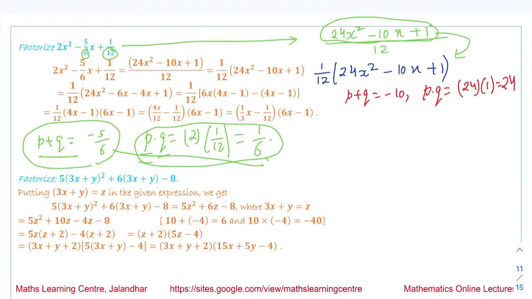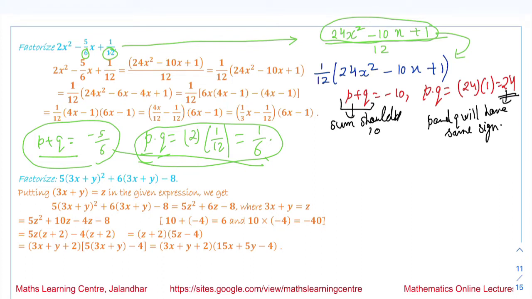So this is 24, it means p and q will have the same sign. Second thing, if they have the same sign, their sum should be minus 10. So what we get is the values of p and q are 6 and 4. We are talking just about the numerator part over here.